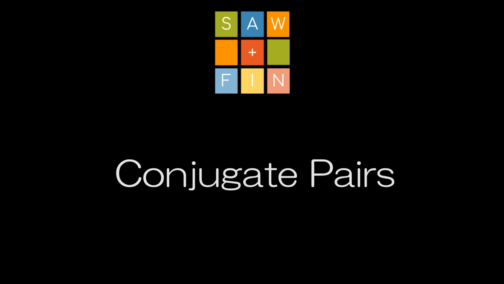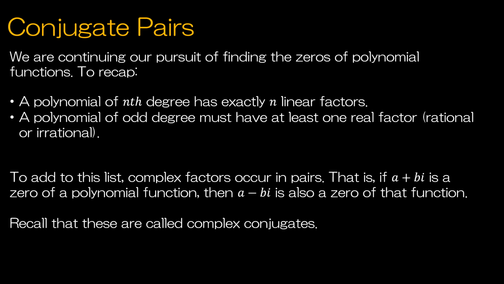Conjugate pairs. So again, recall that this entire section is all about trying to find the zeros or factors of polynomial functions. So far we've talked about a polynomial of nth degree has exactly n linear factors. We talked in a previous chapter or section about a polynomial of odd degree. It has to have at least one real factor, rational or irrational.